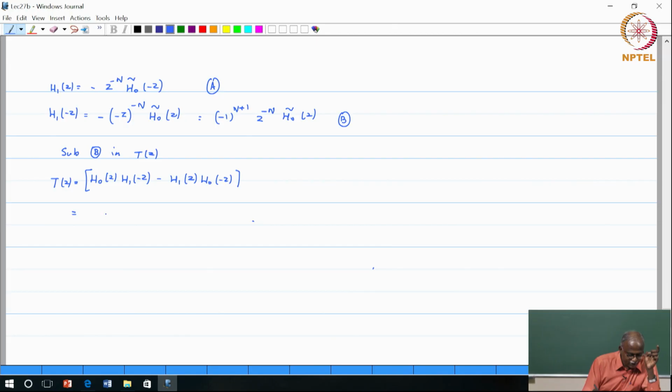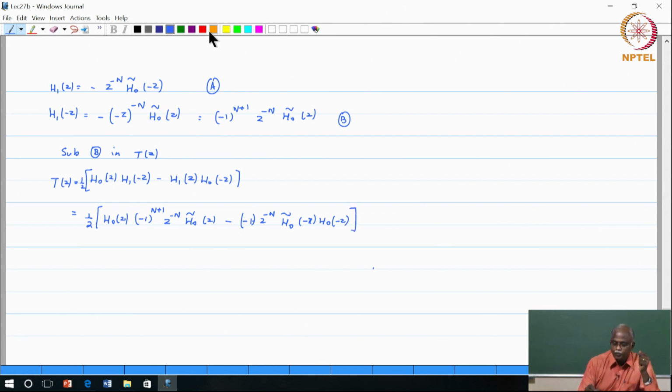Substitute into this expression with a half. So I get 1 half H naught of z, and H1 of minus z comes from B, it is minus 1 raised to the power n plus 1, z power minus n, H naught tilde of z. There is a minus sign. H1 of z has a minus 1 leading, z power minus n, H naught tilde of minus z, and H naught of minus z.